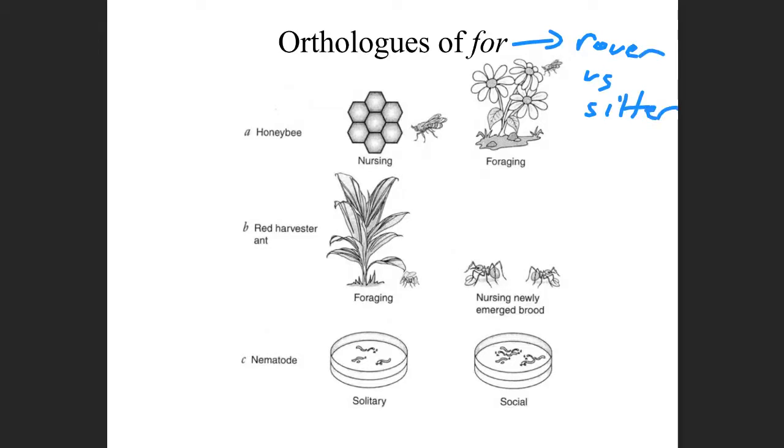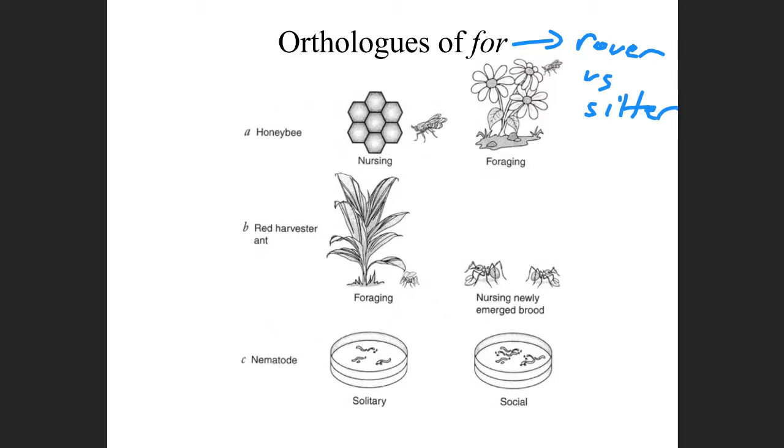But in honeybees, it has behavioral effects, but sometimes in a different context. It will affect how long a worker spends nursing versus graduating to foraging outside the nest in a honeybee colony.